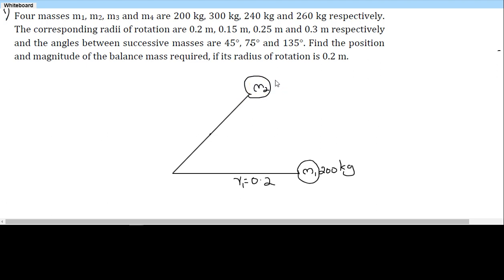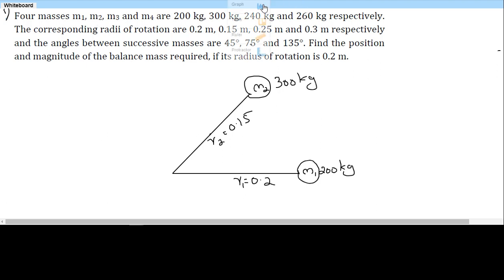What is the relevance of this? This comes in handy in the graphical method. So M2 is 300 kilogram, and radius of rotation R2 is 0.15. Next, the angle between successive masses is given as 75, that means between M2 and M3 it is 75.